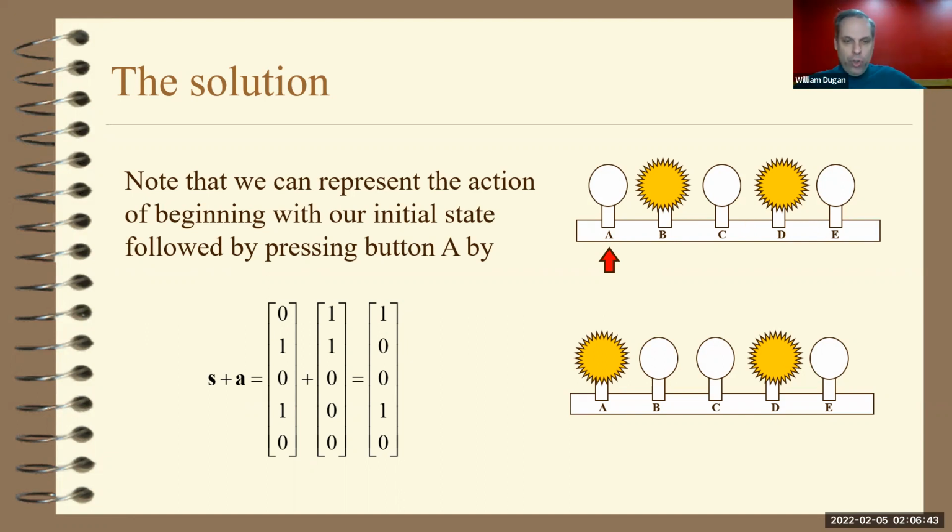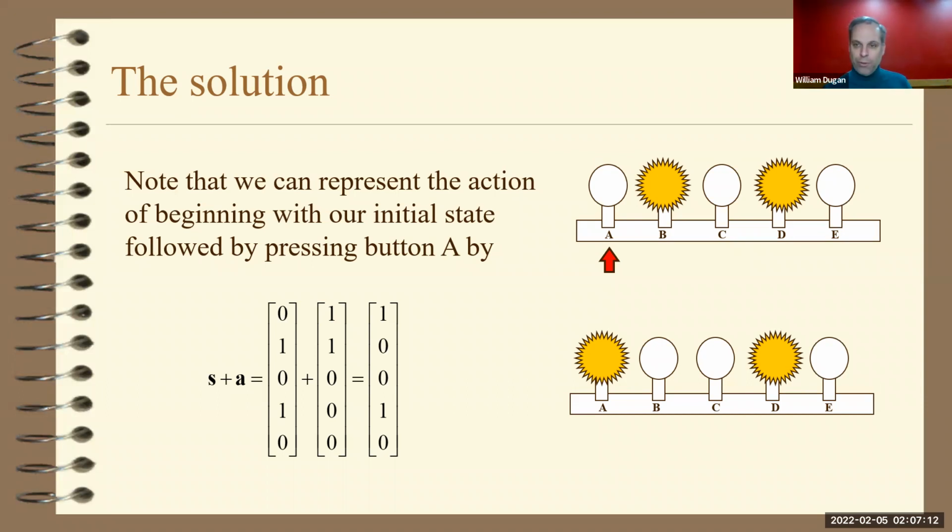Now, how do we use these vectors? Notice that if you give me an initial light status, in this case S, and then you push one of the buttons, like in my case I'm pushing A, you would go from the light status where B and D are lit, and after pushing A, you'll now have A and D lit. In terms of vectors, you can denote the resulting light status by taking the vector S and adding to it the vector a.